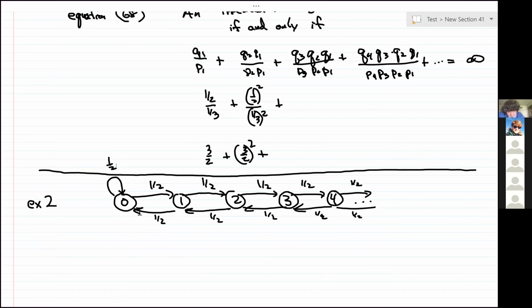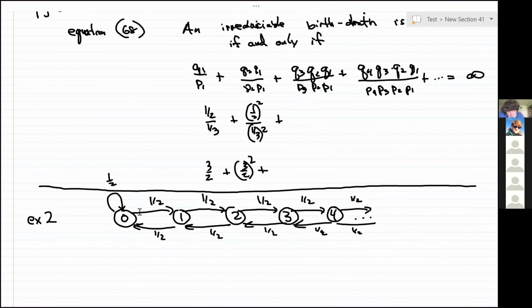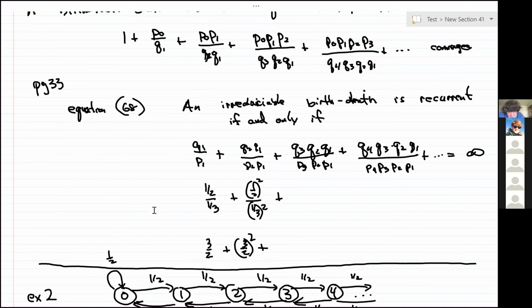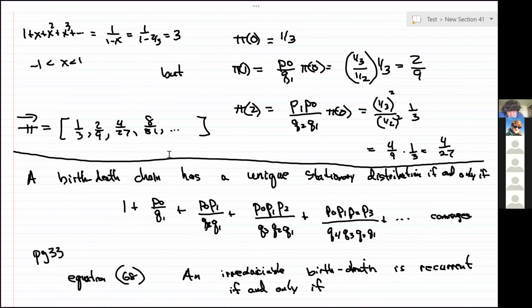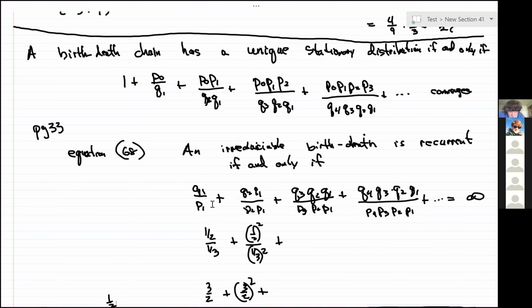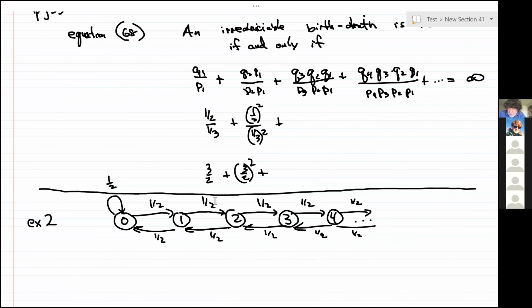Okay, so what are the questions here? Well, we have two sorts of question we just answered. Let's address it again. Is there a unique stationary distribution, and is this chain recurrent or not? So let's do the second one first this time. To see whether it's recurrent or not, we just need to check this thing. So I'll put a little star by it.